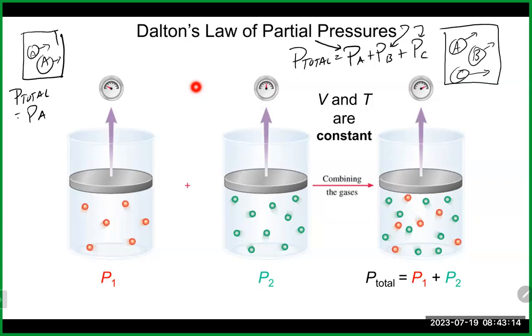Now, this is one of these areas where, as we talked about the other day, the ideal gas situation comes into play. One of the things that makes something an ideal gas is that there are really no attractive or repulsive forces between different gas molecules, even though they're in the same container.